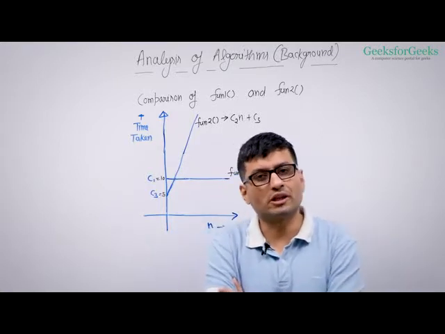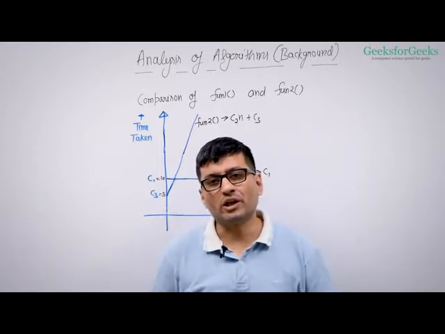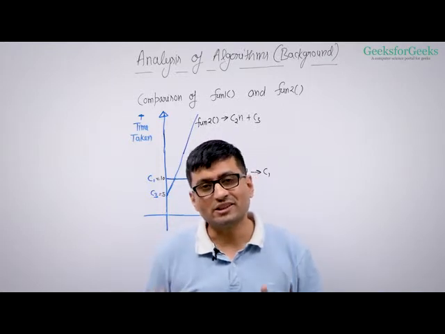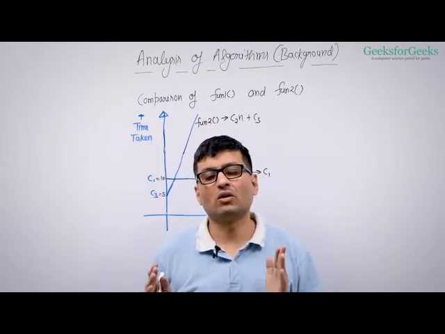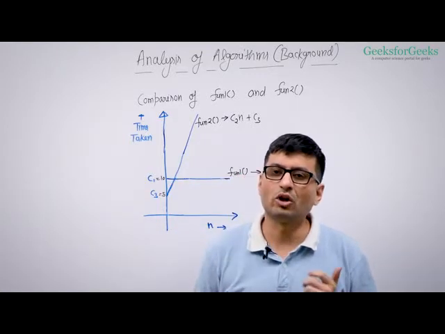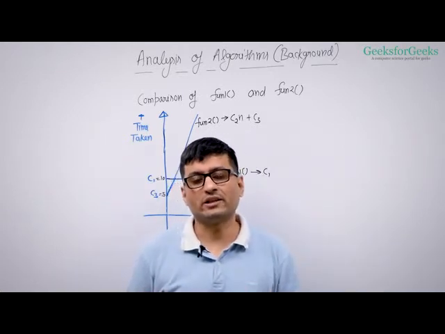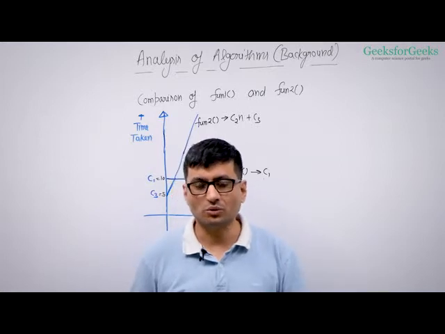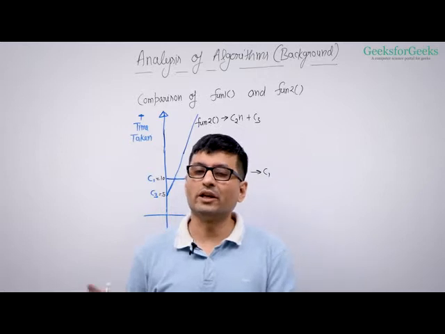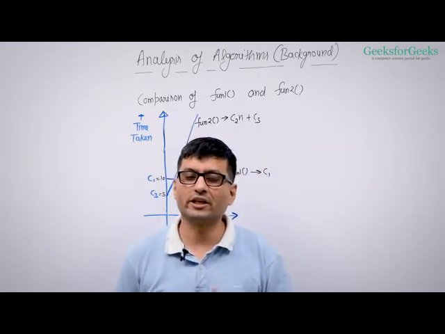Before we talk about this graph, there are a few things I would like to clarify. When we do analysis of algorithms, we always talk about sizes of input which are greater than or equal to 0, because your input size can never be negative. So we talk about those mathematical functions which have input n greater than or equal to 0. Also, the time taken by your functions should be greater than or equal to 0, because your algorithm or your program can never take negative time.